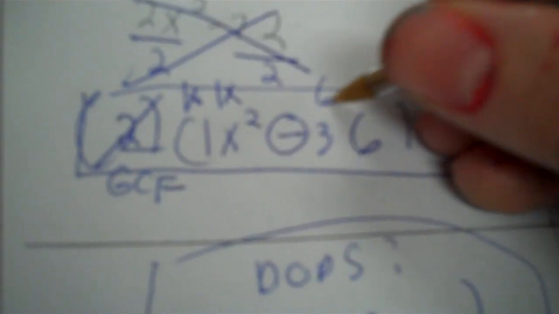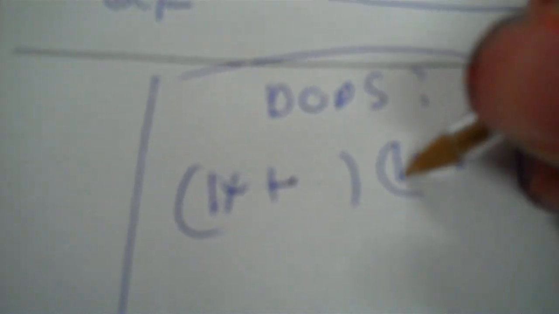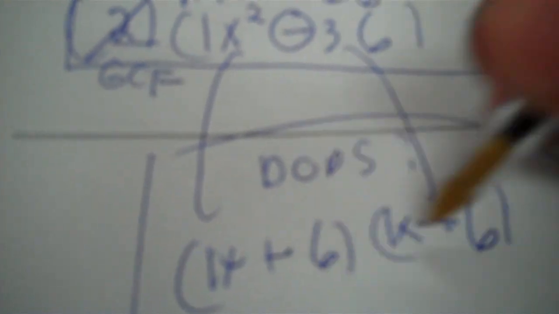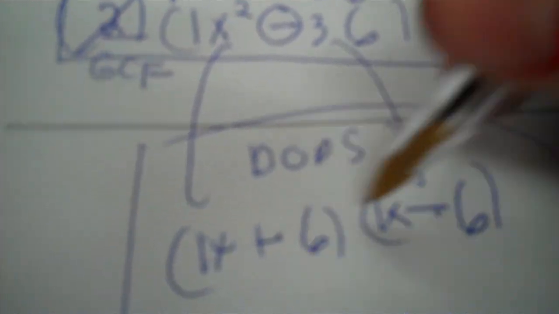Then 36 is 6 times 6. So yeah, that's a minus, and those are perfect squares. So 1x, 1x. Don't go 1x, 1x, 1x, 1x. Go before the 2 operators. Then 6 and 6. Okay? So we'll be crossing that out and replacing it with this. Don't write this, you write these two.